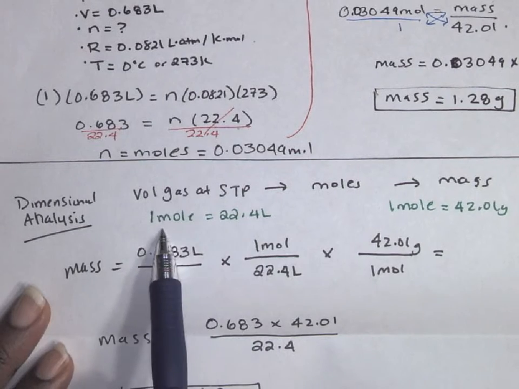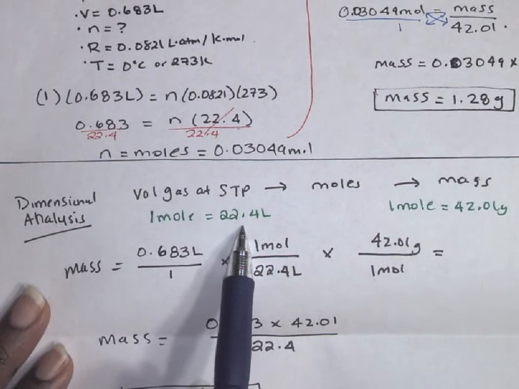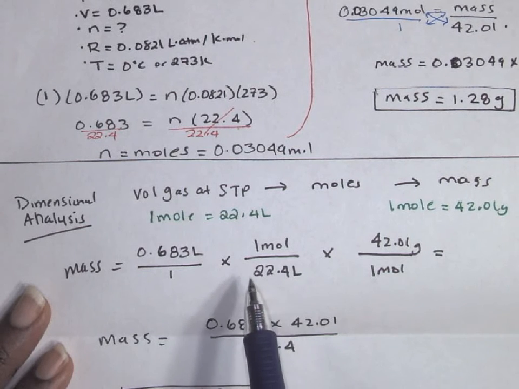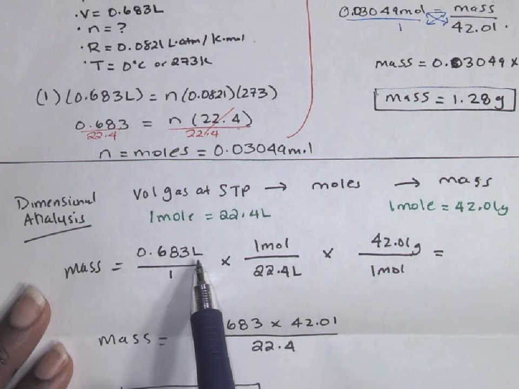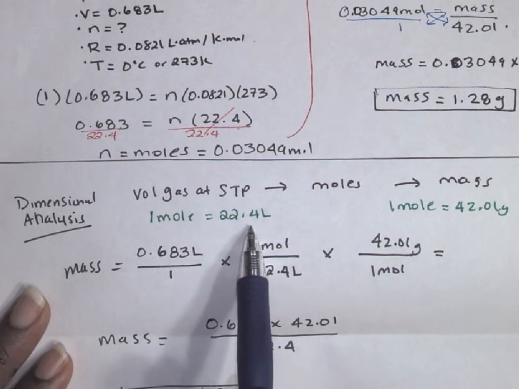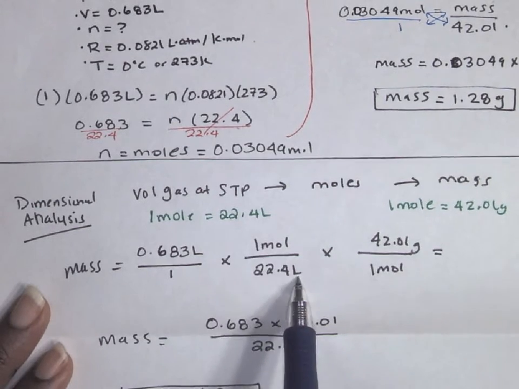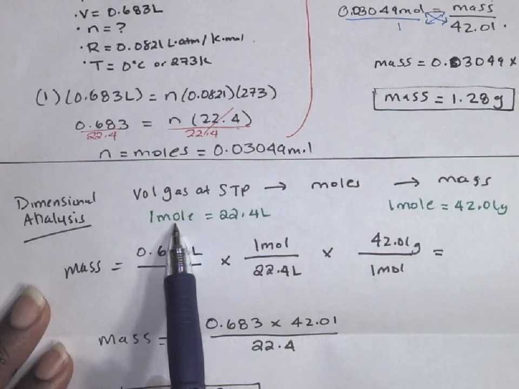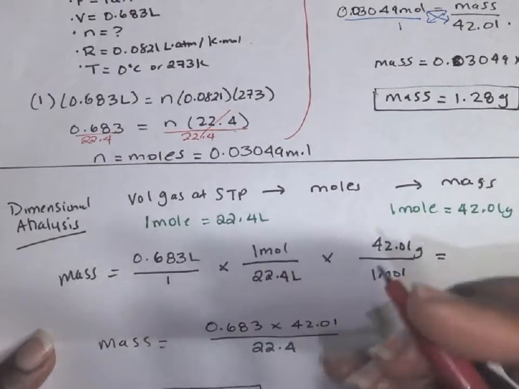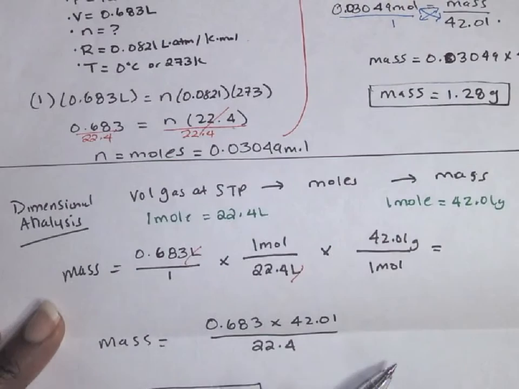Now our conversion factor is going to come from that relationship, 1 mole is equal to 22.4 liters. Now remember, in order to set up our conversion factor properly, the units of our given, we want to cancel those out, so they must be in opposite position. So if I look here, I say, oh, there's liters there. Well, that liter has to go on the bottom, and then the 1 mole will go on the top, just so that we can make sure these units cancel out.